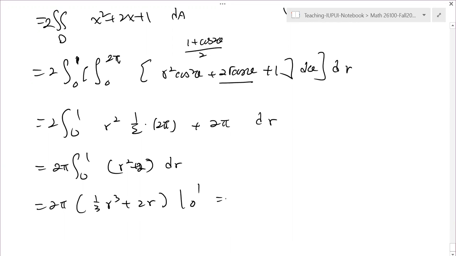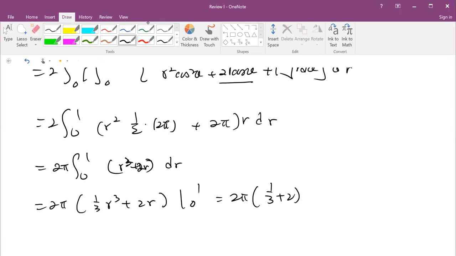Then you plug into the formula and get the answer. Do I need to multiply by r? You're right, in polar coordinates it's r here. I missed that, that's my mistake. So I get r cubed and r. Yes, you're right, it's easy to make mistakes.